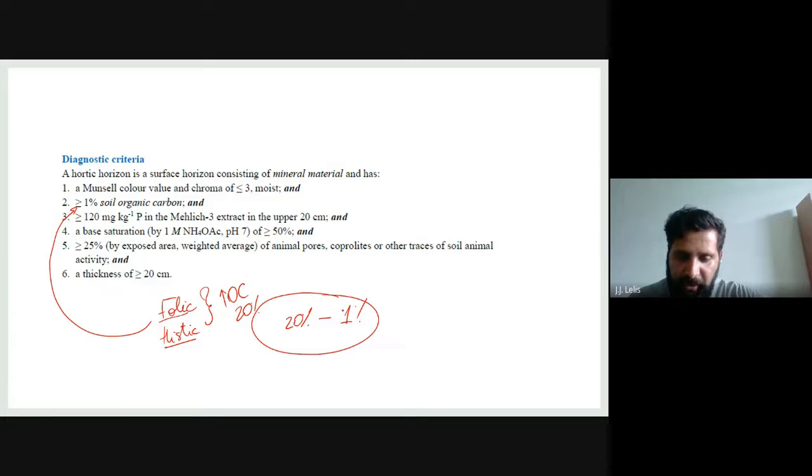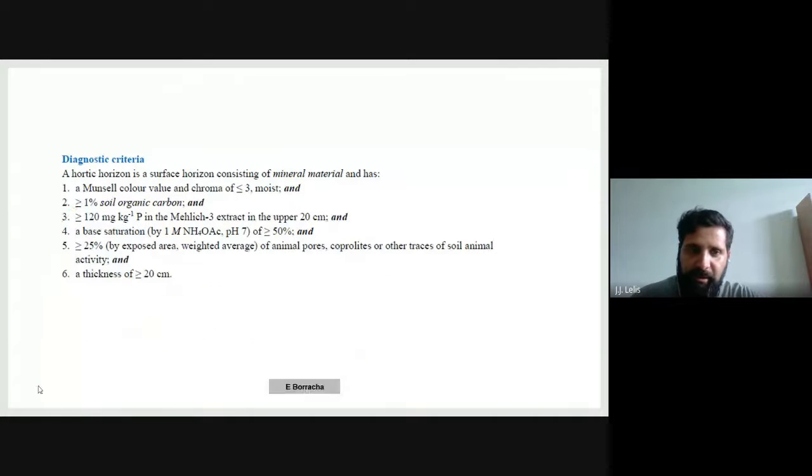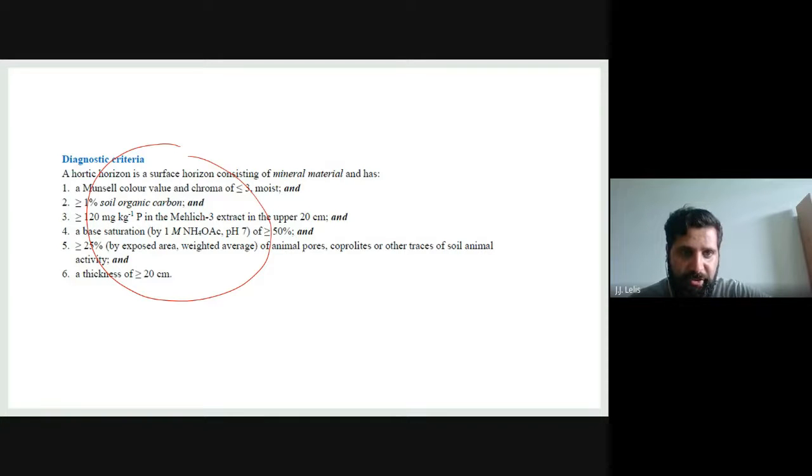This is the range for the Hortec horizon. The dendritic horizon should present colors that evidence reduction and water table influence. Here we don't have these conditions. We just have a low value and a low chroma. So that's the difference between them.